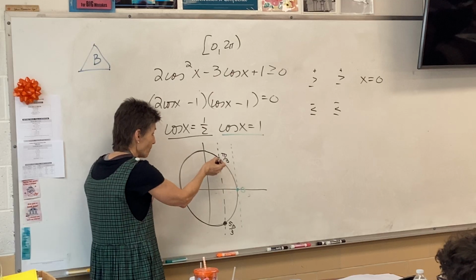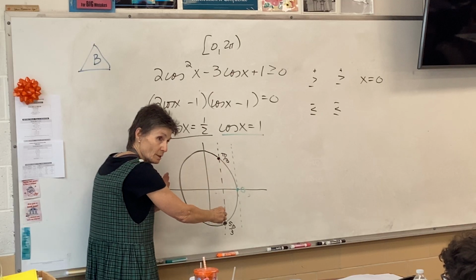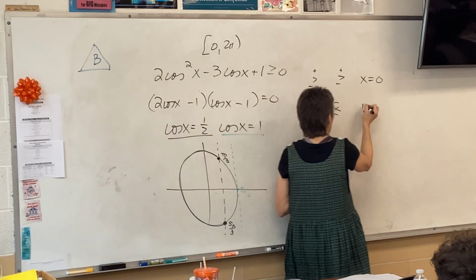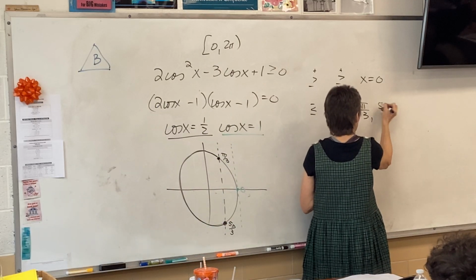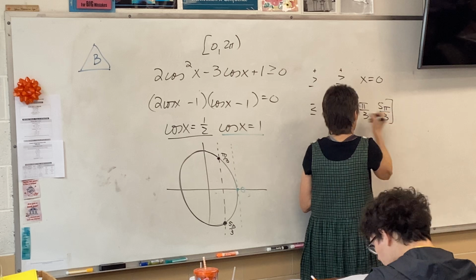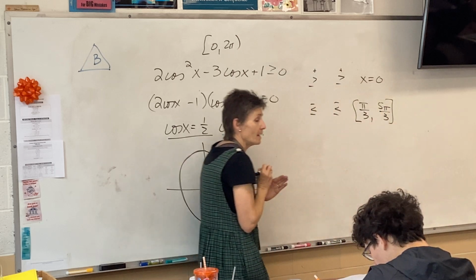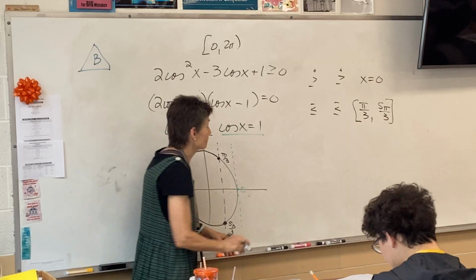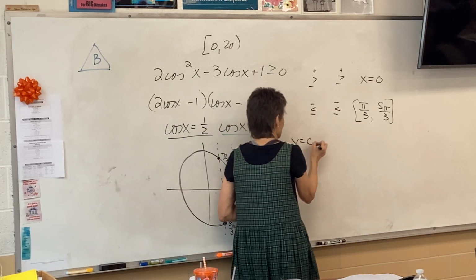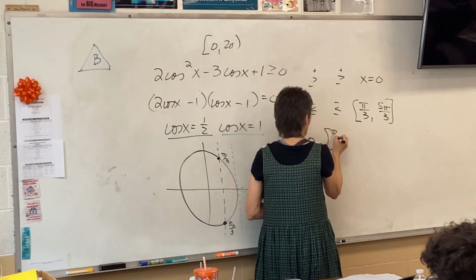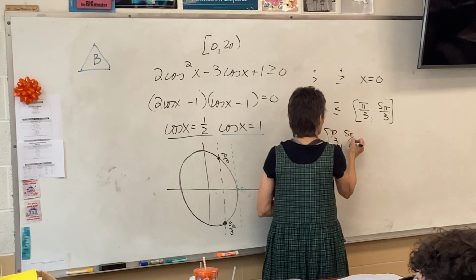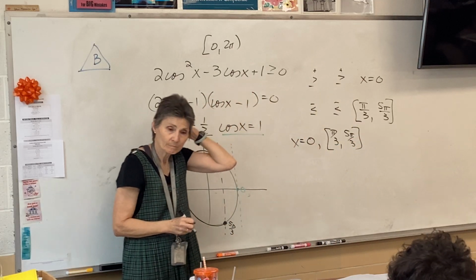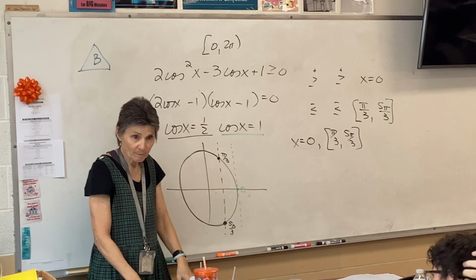So wouldn't it be from pi over 3 to 5 pi over 3? And so what's my answer? 0, and then pi over 3, 5 pi over 3. Is that okay with everybody?